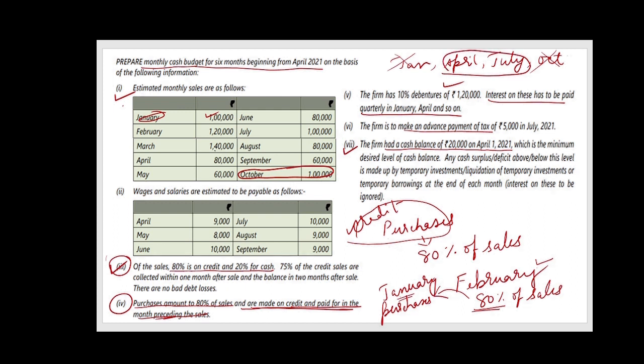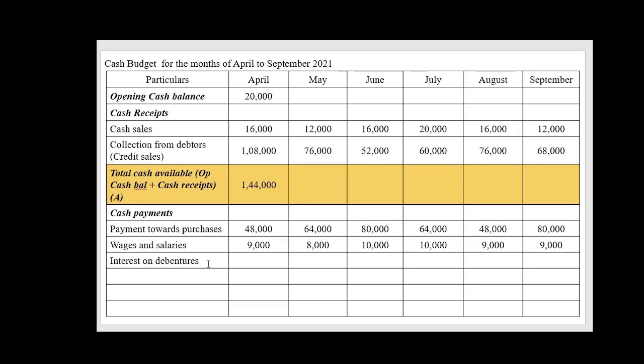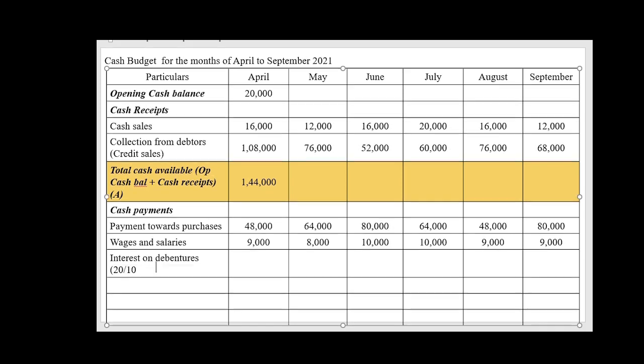Okay, towards debentures. So 10% debentures of rupees 1,20,000. It has to be paid quarterly. So interest on debentures is 10% into rupees 1,20,000 into, it is paid quarterly, right?